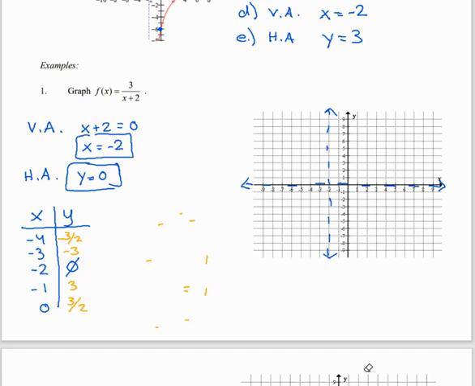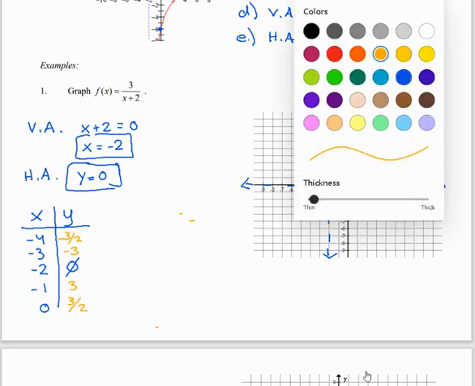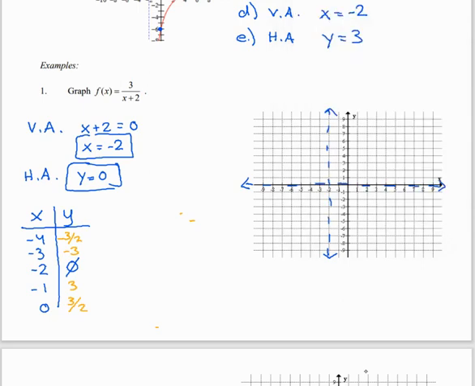So now I'm going to plot those points. We'll plot the ordered pair of negative 4, negative 3 halves, which is negative 1.5. We have negative 3, negative 3.